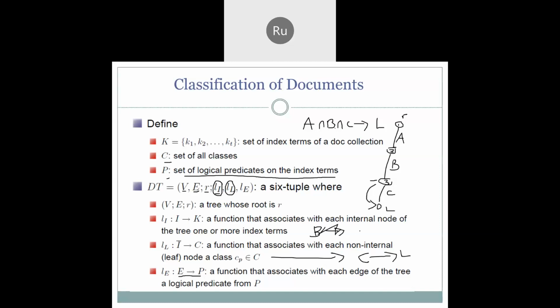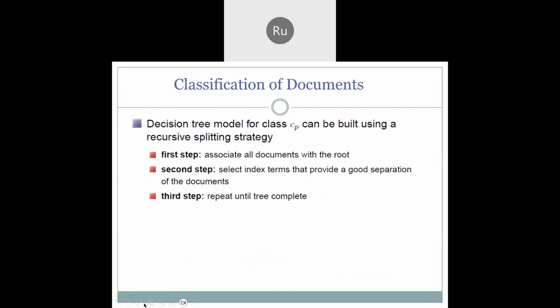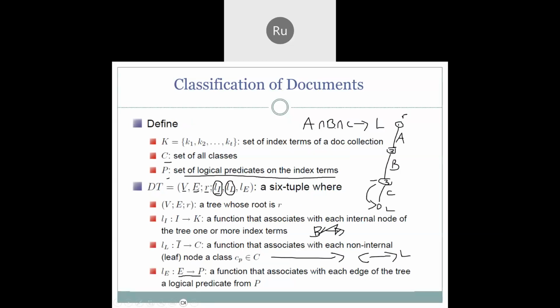So this one is basically we are looking at the node. So if you are in 2 and you go to 3 if you have B here.